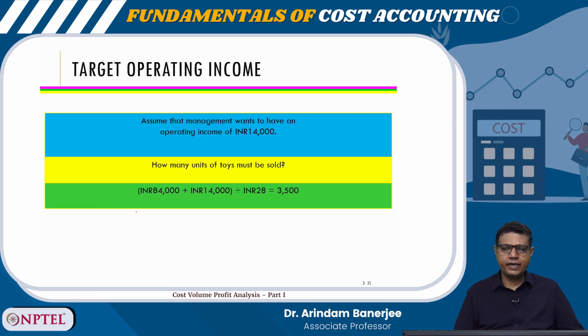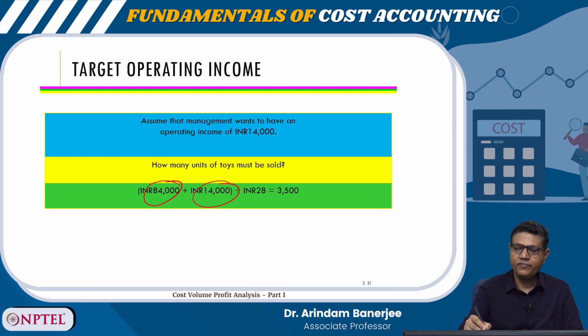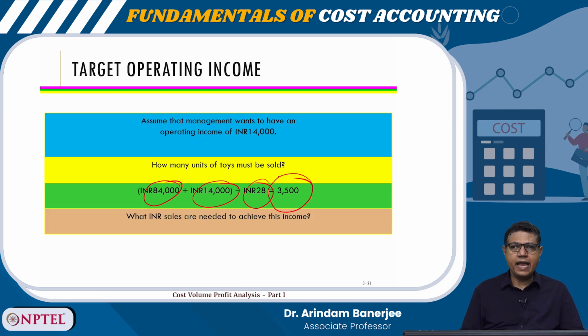So, I can write it like this: 84,000 plus 14,000 divided by 28. We have seen in the example that 84,000 is the fixed cost, 14,000 is the profit I want to earn, and 28 is the contribution I am making by selling 1 unit. So, I need to sell 3,500 toys. What INR sales are needed to achieve this income?